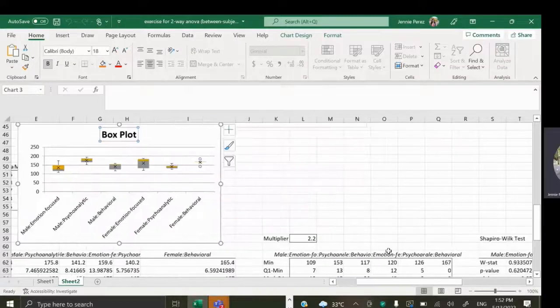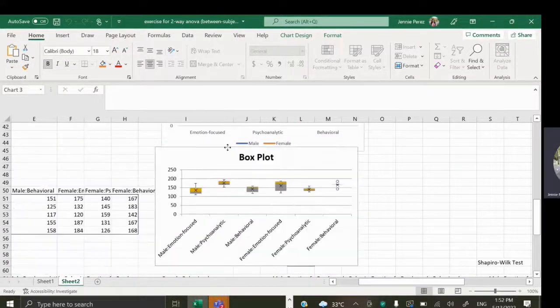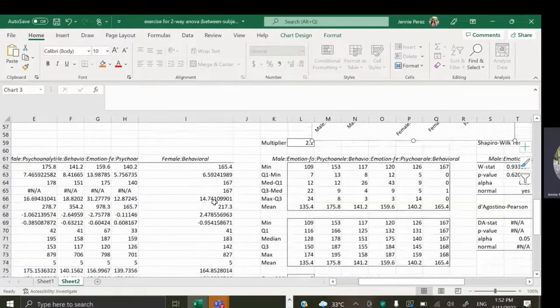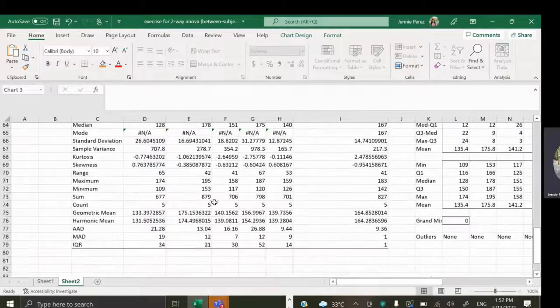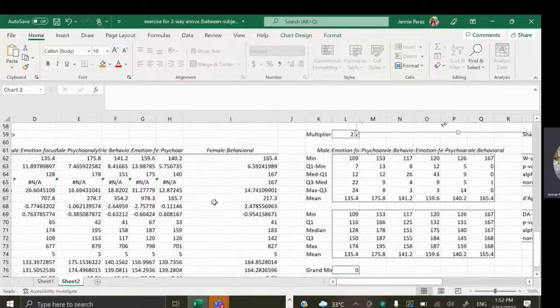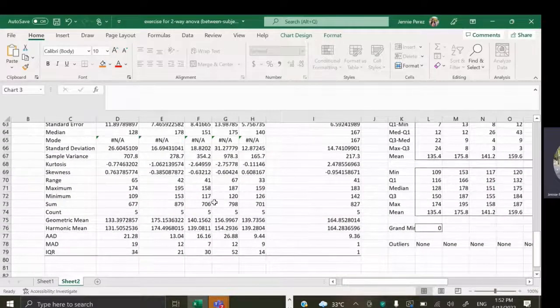So for normality, we have here the box plot. The box plot would tell you whether there are outliers. Although you don't need it because these charts here would also tell you whether there are outliers.